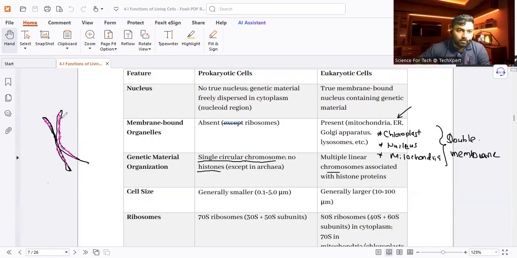I drew two chromosomes, and with this pink color I have indicated the histone proteins. This kind of structure we cannot see in a prokaryotic cell, but in a eukaryotic cell we can see multiple linear chromosomes associated with histone protein.